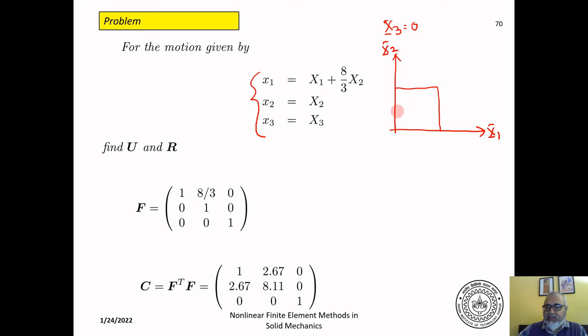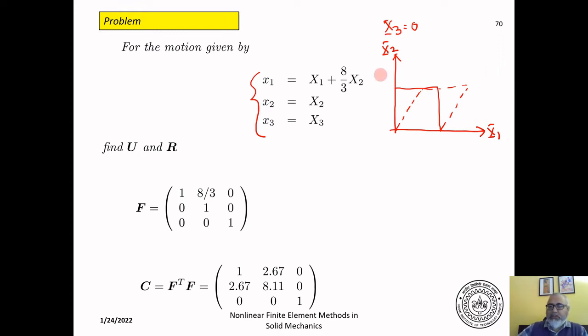What you can see here is that this line does not have any motion at all, because this is x2 equal to 0, so the displacements of all points on this line are 0, so this line doesn't move. Any line above moves in proportion to its height, capital X2, and the proportionality constant is this. So in the end, this will take a shape like this in the deformed configuration, and this is a simple shear.